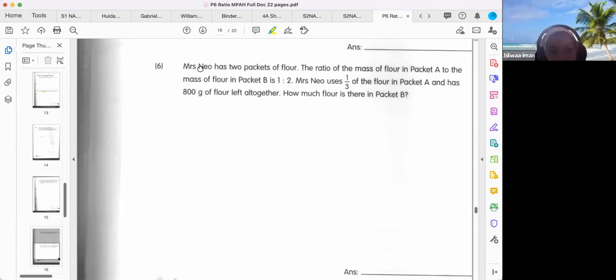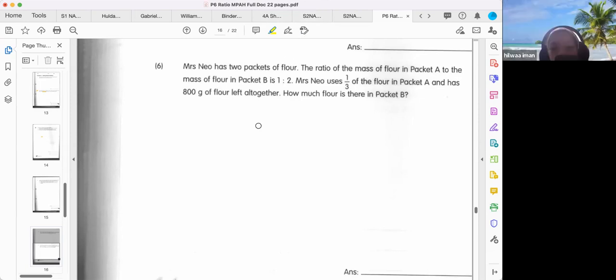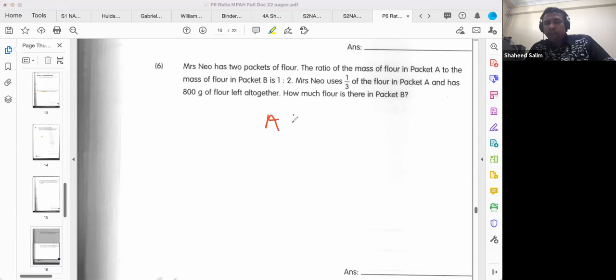Yes, 800 grams. You got it. The answer is 800. There's 2 packets of flour. One is A, one is B. She uses 1/3 of the flour in packet A and has 800 grams there.